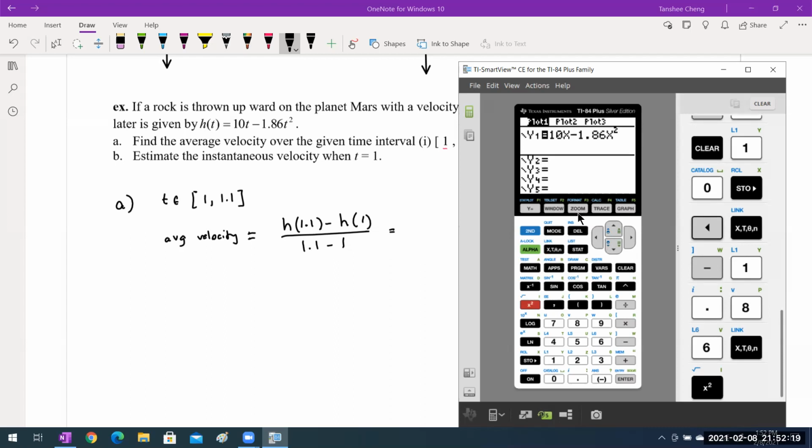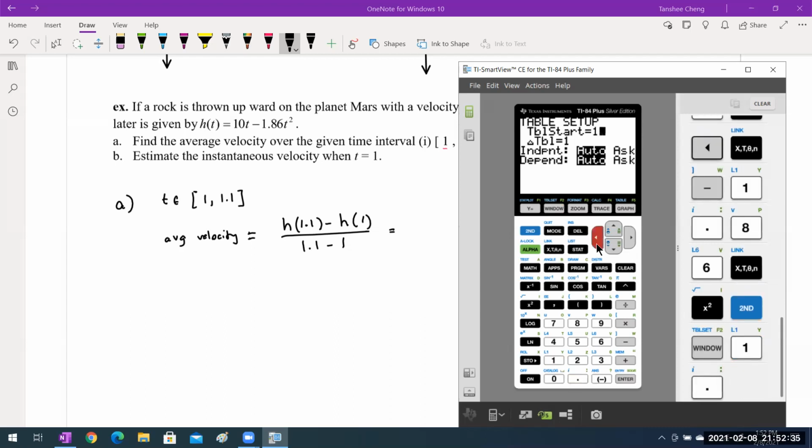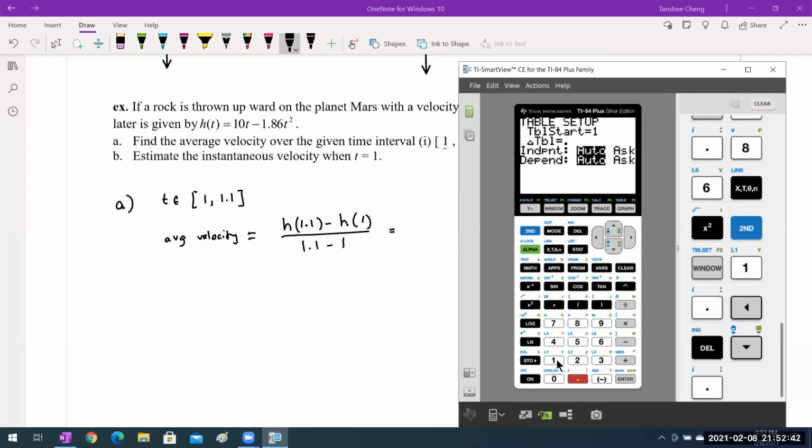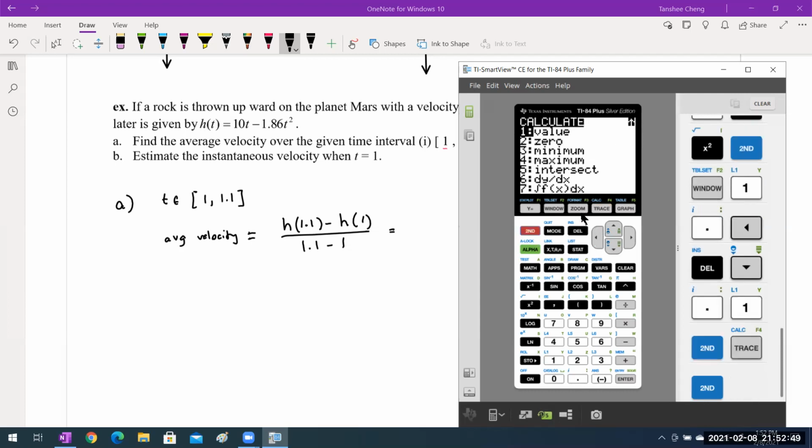Then go to table set, second table set, and start with 1, incrementing by 0.1. Then go to the table with values, and you can see that h of 1 is 8.14 and h of 1.1 is 8.7494, and you can subtract those two values using the calculator.